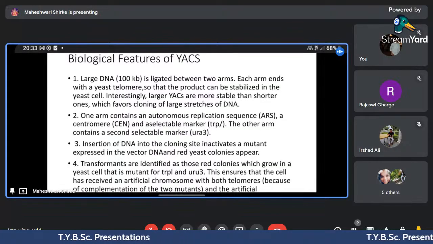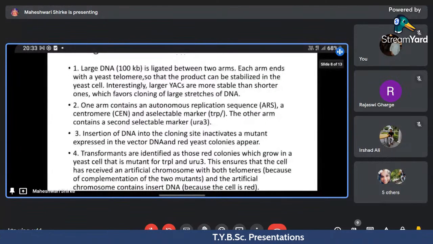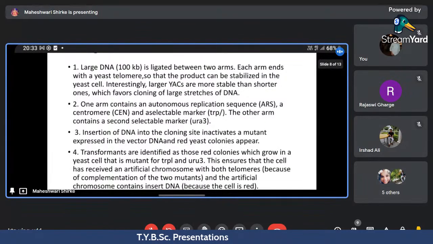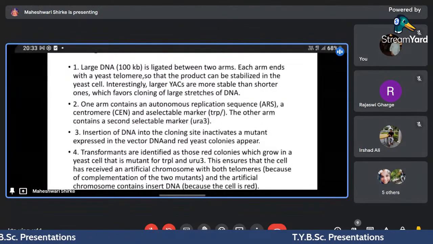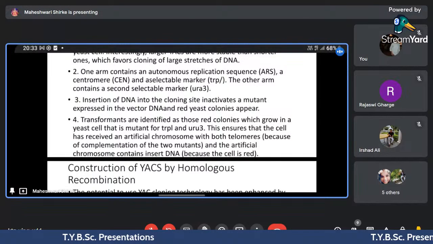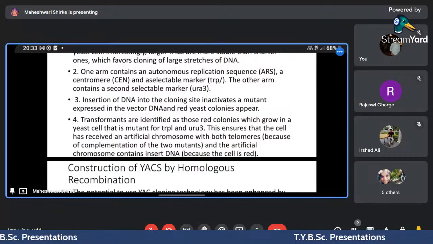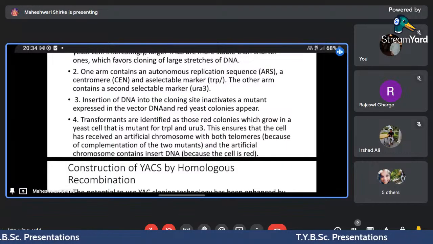Interestingly, large yeast artificial chromosomes are more stable than short ones, which favors cloning of large stretches of DNA. Second, one arm contains an autonomous replication sequence, a centromere, and a selectable marker. The other arm contains a second selectable marker.